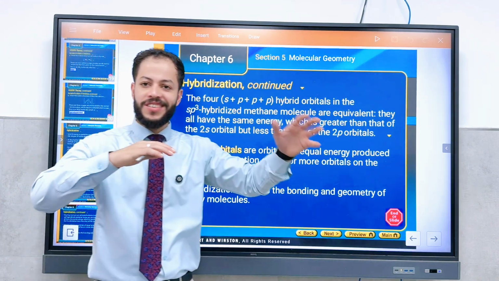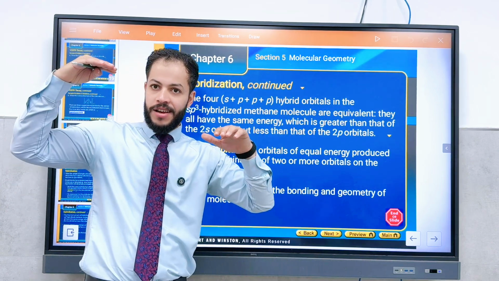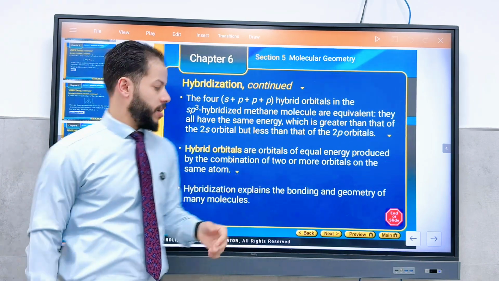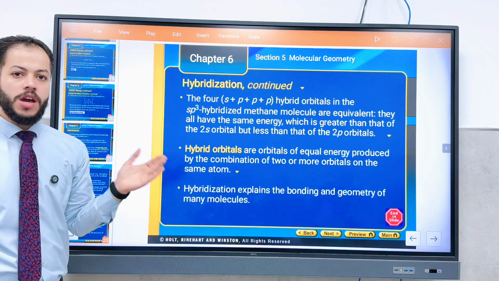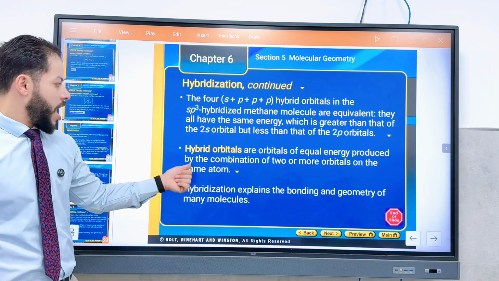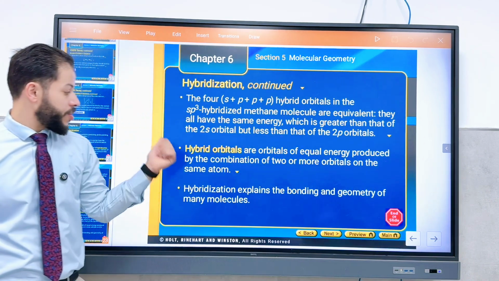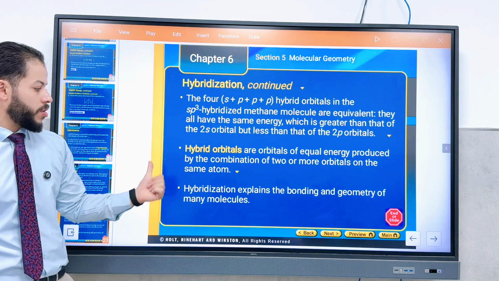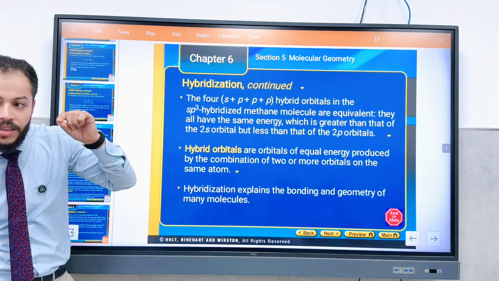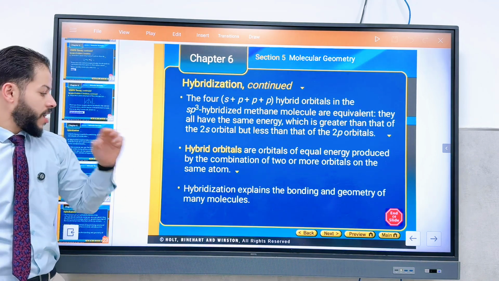A mix of the characteristics of s and p, even in their energy: higher energy than s, lower energy than p. But all of them are equal in energy. That's why all of them are capable of forming a bond. Hybrid orbitals are orbitals of equal energy produced by the combination of 2 or more orbitals on what? In the same atom.